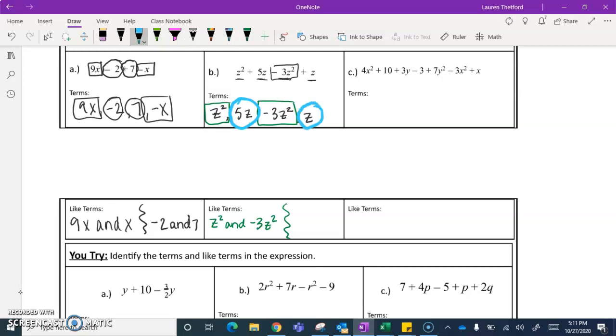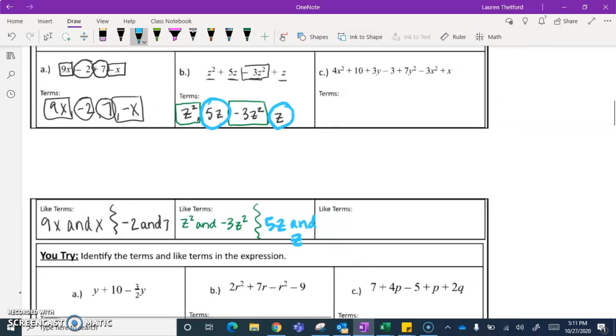These two terms both don't have an exponent of 2, so that's why they are alike. So we have 5z and we have z. In this case, we don't have any constants, which is anything without a variable. But you'll notice that if we have exponents, those are only alike to each other. They are not alike to our variable terms without an exponent.